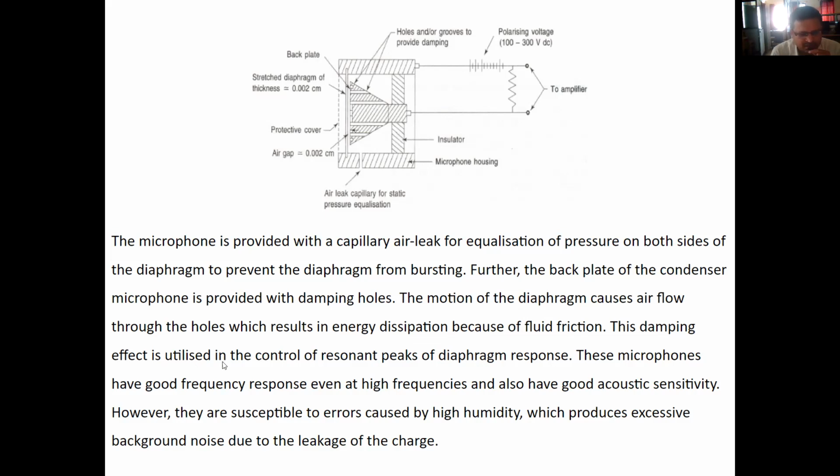This damping effect is utilized in the control of resonant peaks of the diaphragm response. These microphones have good frequency response even at high frequencies, and also have good acoustic sensitivity. However, they are susceptible to errors caused by humidity, which results in excessive background noise due to the leakage of the charge.